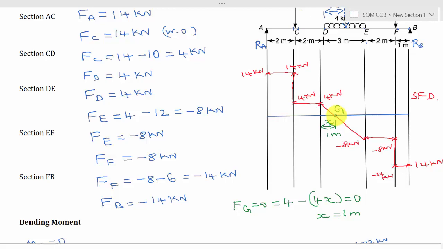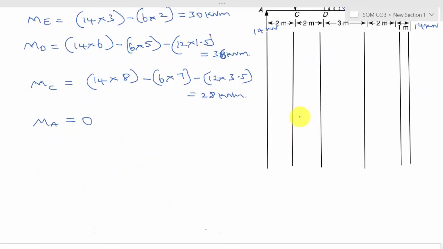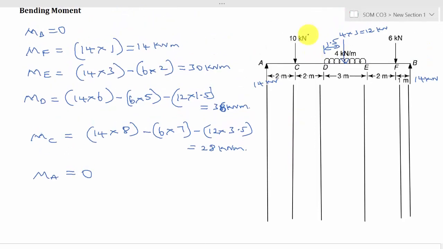So at this point the bending moment is maximum. So I am going to calculate the bending moment at this location, at the point G in between, 1 meter. So MG also I have to calculate. MG is equal to, about this point I am going to calculate the bending moment.